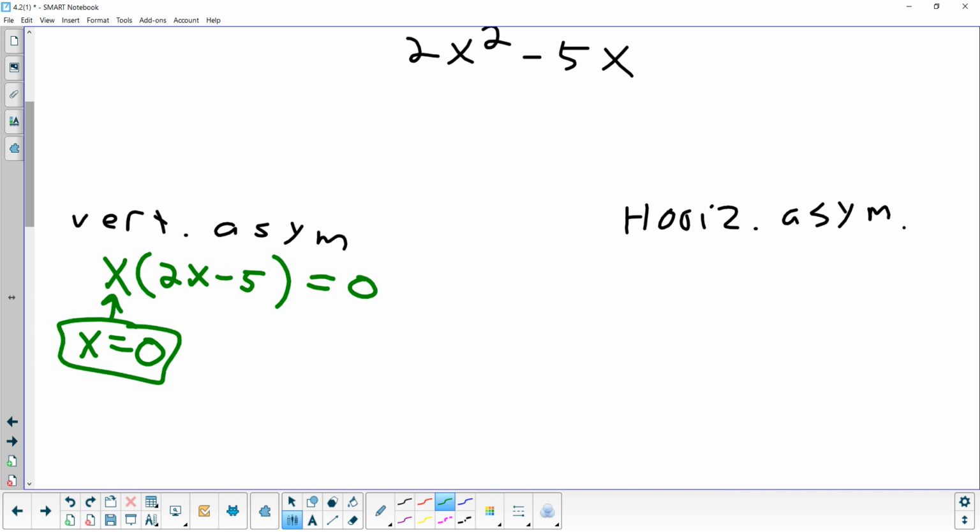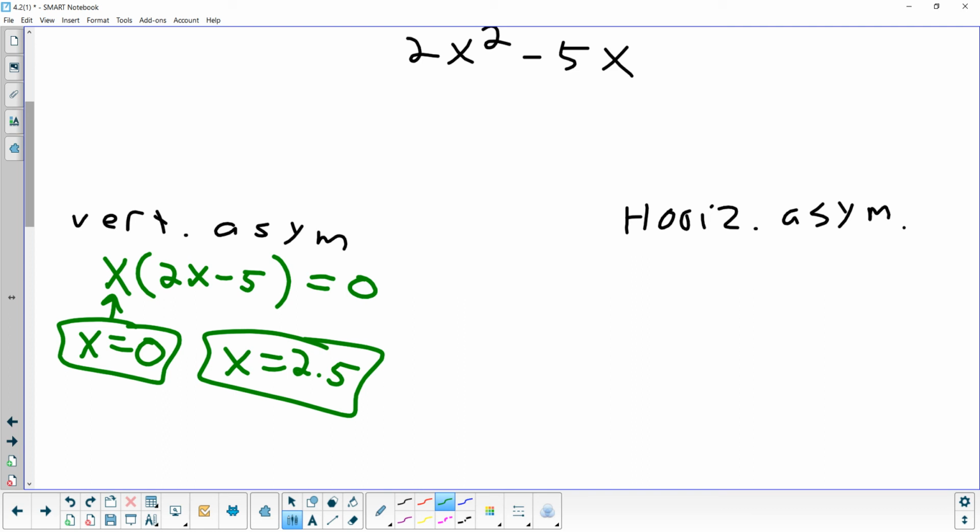If you plug 0 in for X, that will make the first factor 0. And what would you get if you set what's in the parentheses here equal to 0? X would equal 5 over 2, or 5 divided by 2. For graphing purposes, it's probably easier to just say 2.5. Okay, so there's my vertical asymptotes.